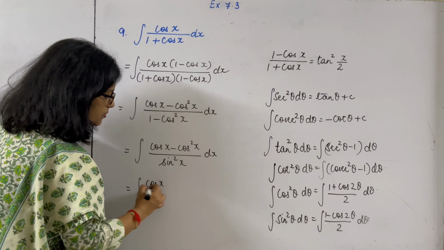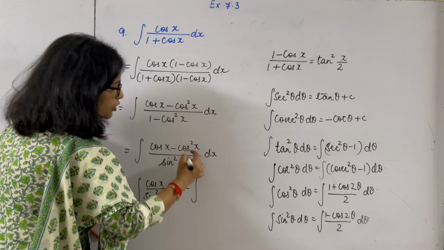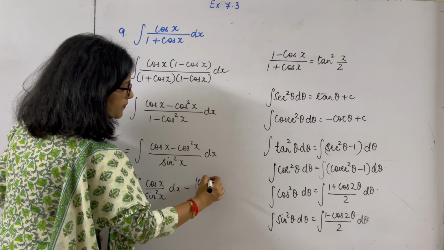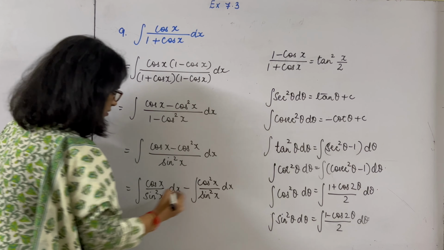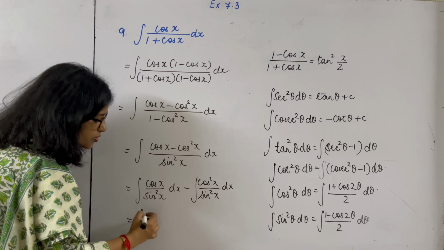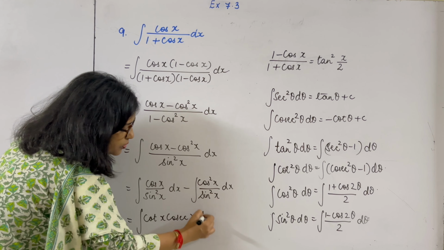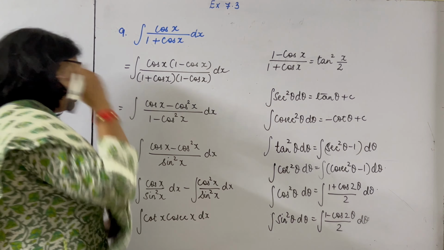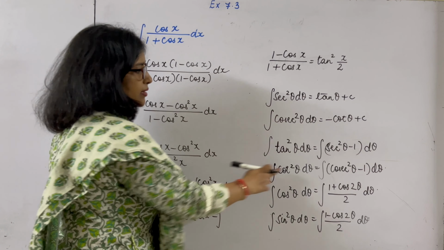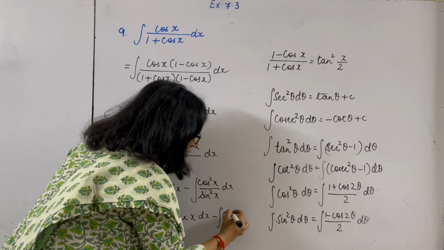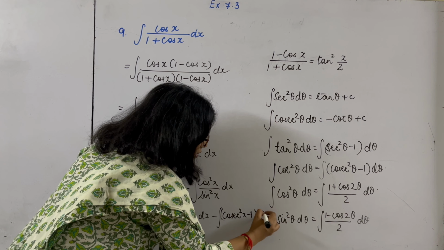Separate this: cos x upon sin square x and cos square x upon sin square x. So this becomes cos upon sin, which is cot x, another sin x which is left in the denominator, so it will become cosec x, and this is cot square x, but cot square x cannot be integrated directly, so we'll write this formula cosec square x minus 1 dx.